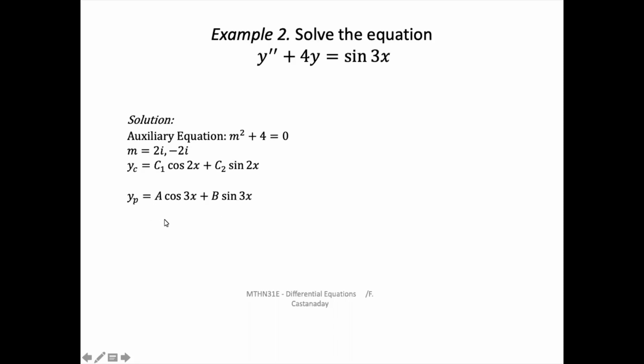Now the next step is to make sure that y sub p satisfies the given equation, which is y double prime plus 4y equal to sine 3x. So we have here y double prime, so we need to differentiate y sub p 2 times.